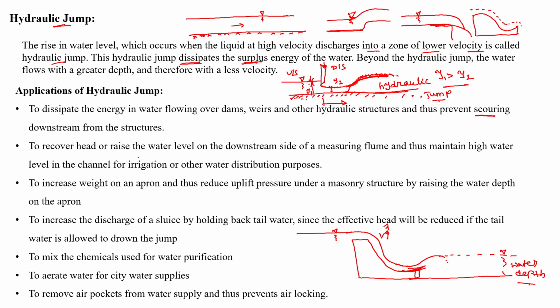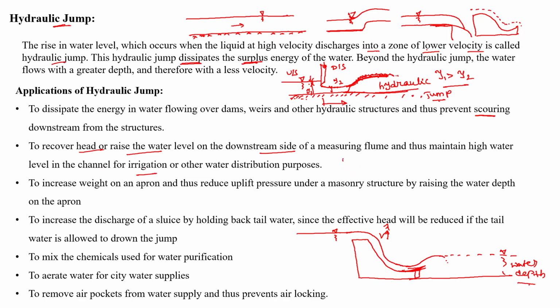Sometimes in irrigation channels, the outlet of the irrigation canal may be a little higher than the bed. In that case, if the depth of water is not available, we purposefully create a hydraulic jump to recover the head, or rise of the water level, on the downstream of the measuring flume, thus maintaining the hydraulic level in a channel for irrigation.